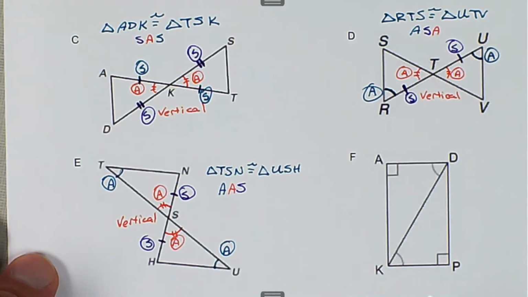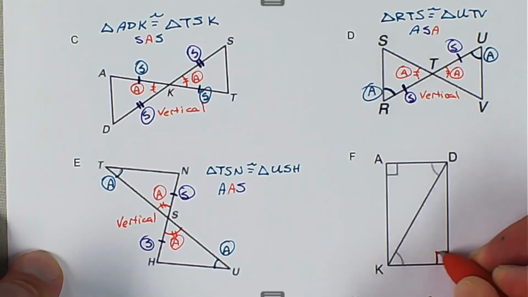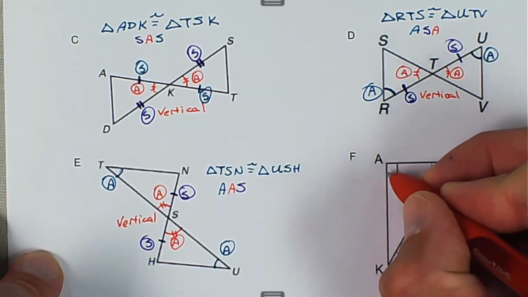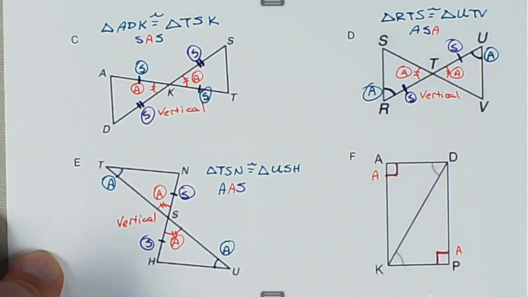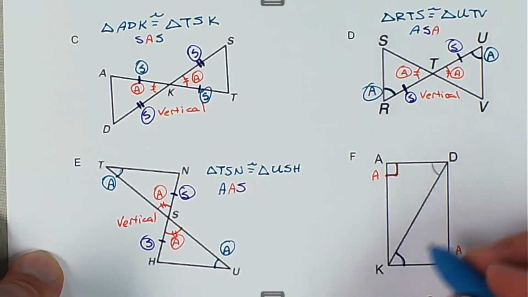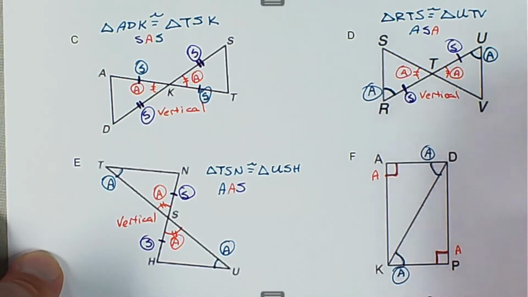Next one we're looking at is example F, and we can see that we have a 90-degree angle. So that is an angle there. We have another 90-degree angle. So that is an angle. We have this angle, which is right here, and this angle there.